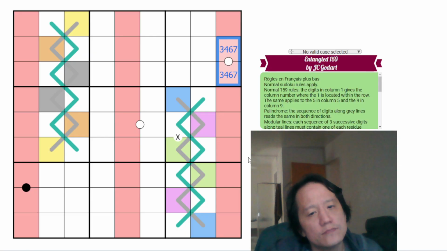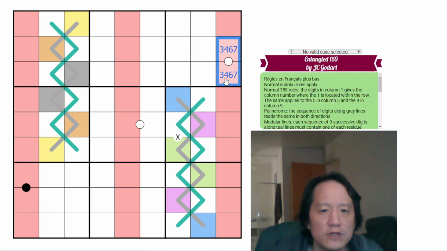Interesting. Right, so this has to be 3 and 4 or 6 and 7, and we don't know what the other one is. Okay, this one could be varied.